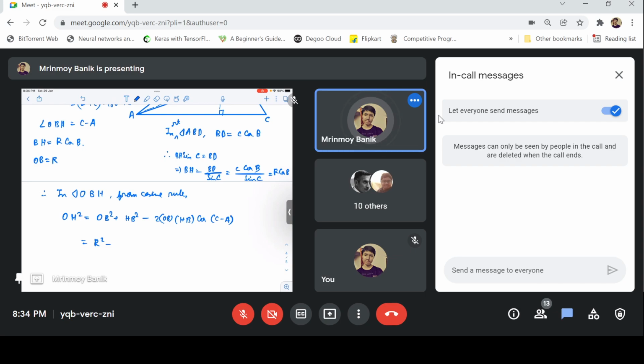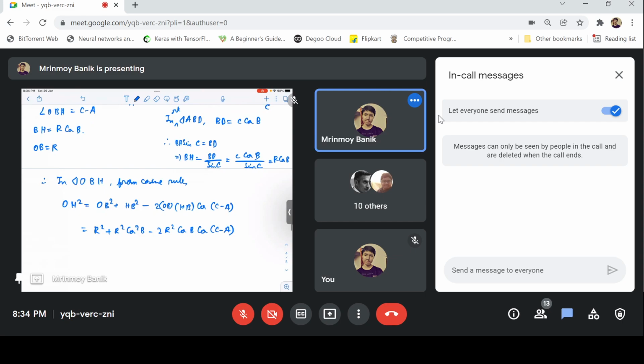R squared plus R square cos square B minus twice R square cos B cos(C minus A). Again taking R square common and then cos B common, it's cos B minus cos(C minus A).